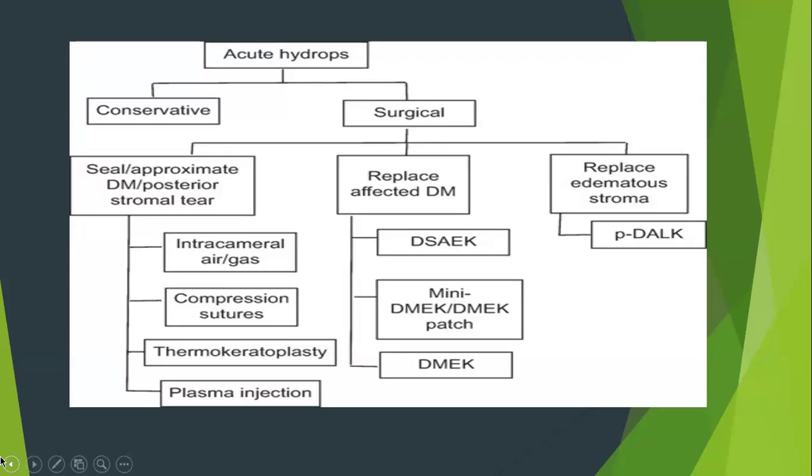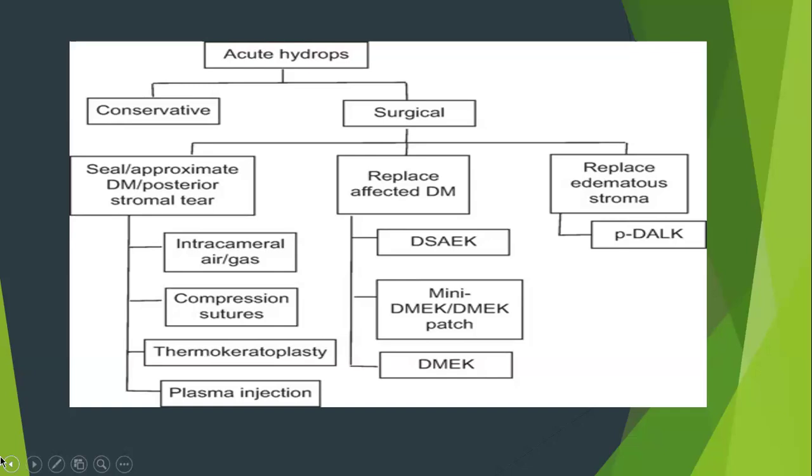If you don't see any improvement, then you can go for surgical. So the answer to your question is no, it depends on your choice. But if you're going for any surgical intervention, it's better to go for some conservative management first. But if you are absolutely sure that there is no hope for reapposition, or after putting gas you do the OCT again and see that it is still displaced, then you can go for compression sutures directly.